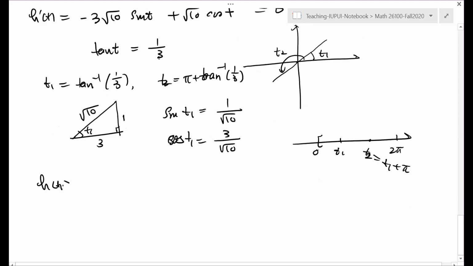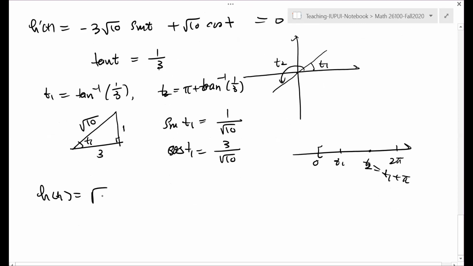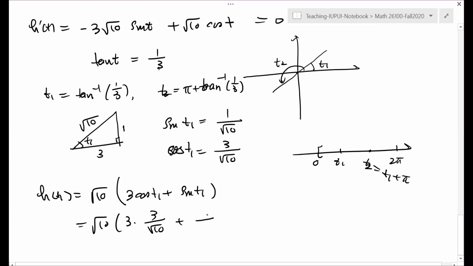H of T1 is going to be square root 10 times 3 cosine T1 plus sine T1. 3 cosine T1 is going to be 3 over square root 10, sine T1 is going to be 1 over square root 10. So after computing it, it's going to be 10.